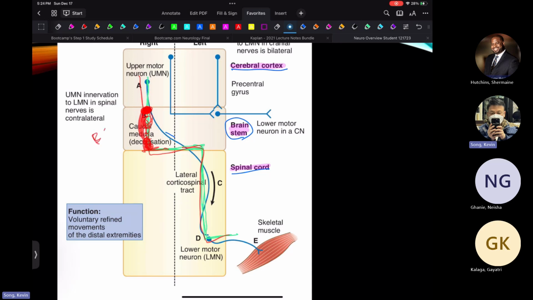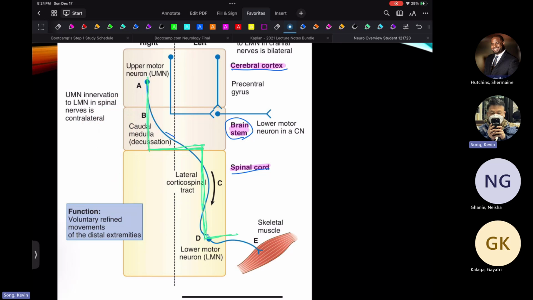A brainstem lesion always means after decussation. You have to know this very well. I'm repeating this many times because this is a key point to understand.